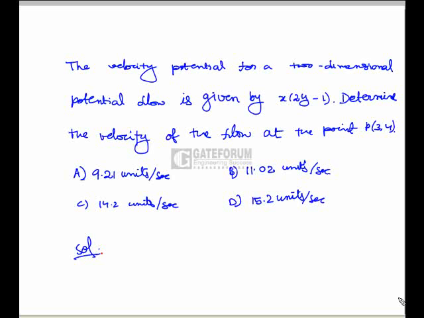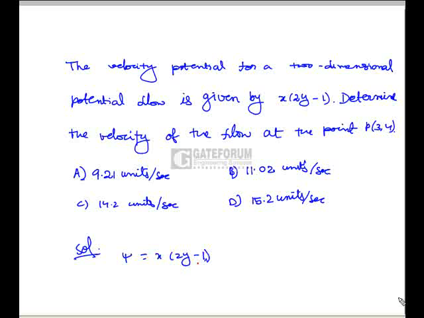The velocity potential for a two-dimensional potential flow is given by x into (2y minus 1). Determine the velocity of the flow at the point 3, 4. The options are 9.21 units per second, 11.02 units per second, 14.2 units per second, 15.2 units per second. Here the given velocity potential is x into (2y minus 1).